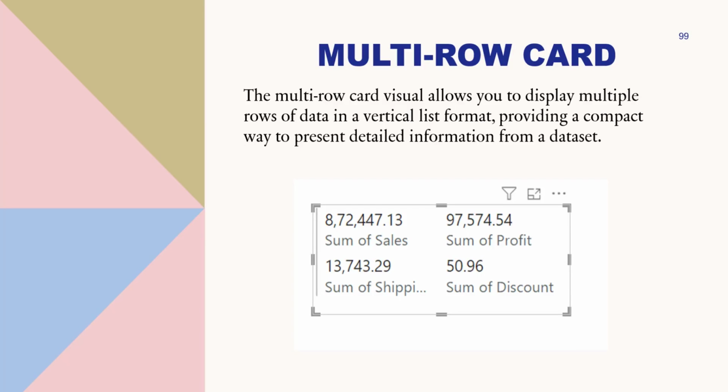This card visual allows you to display multiple rows of data in a vertical list format, providing a compact way to present detailed information from a dataset. So here you can see an example of the multi-row card. Here we can show sum of sales, sum of profit, sum of shipping cost, and sum of discount.